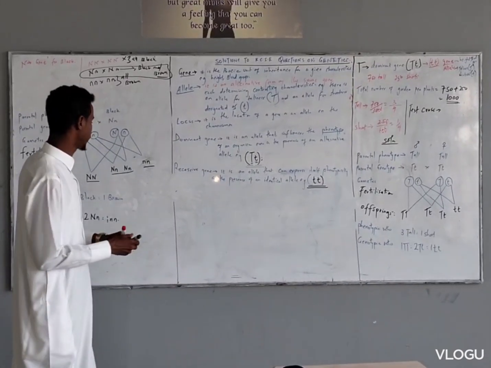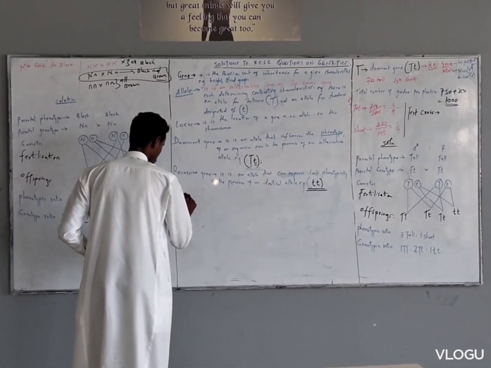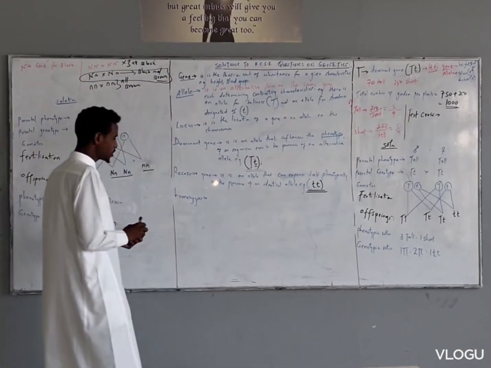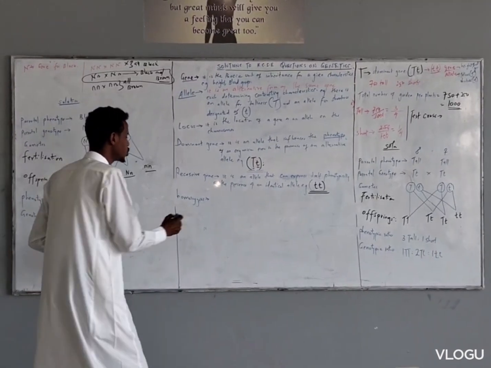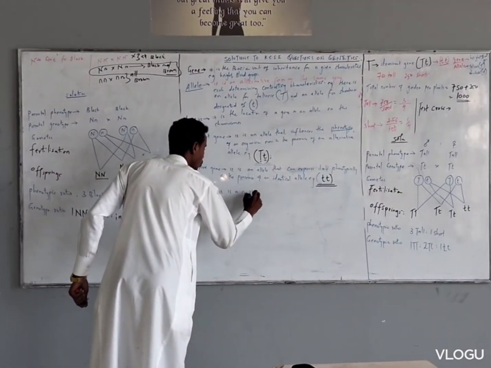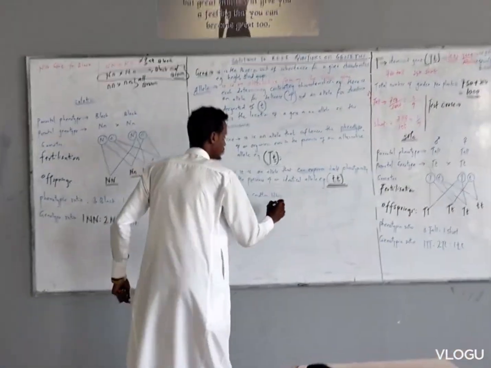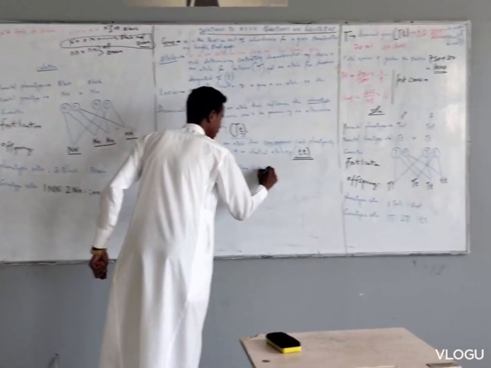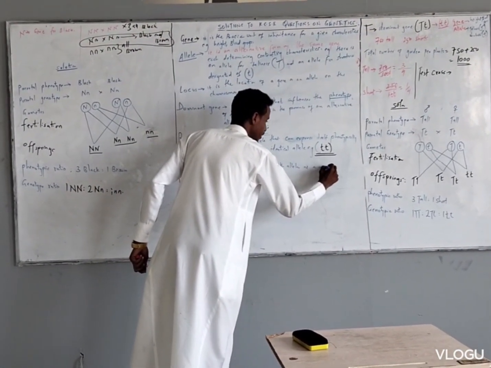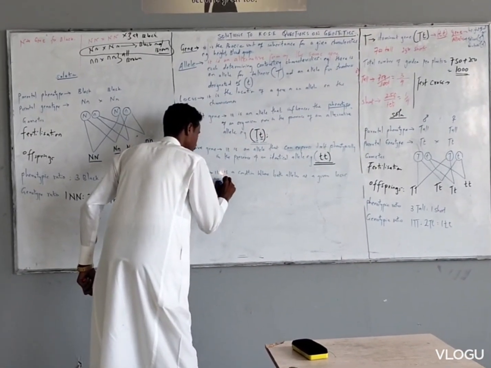Now, there's another term called homozygous. Homozygous, class, is a condition where both alleles at a given locus are identical.